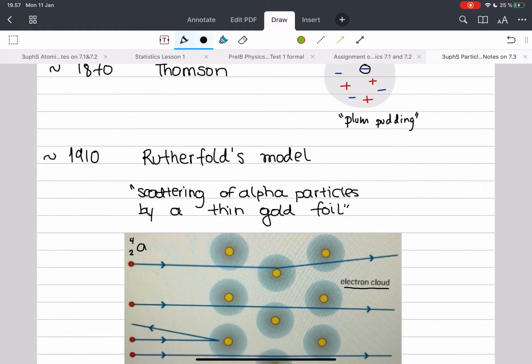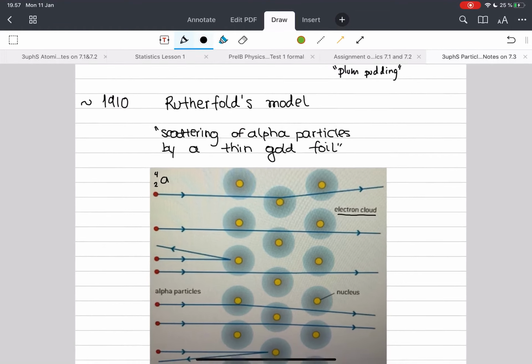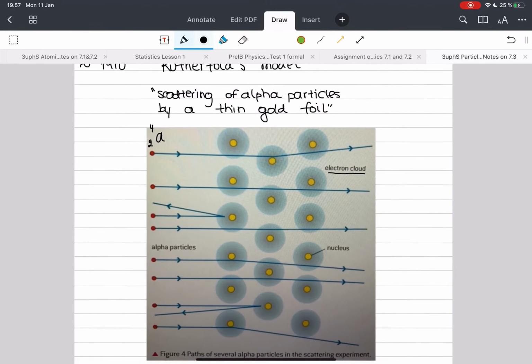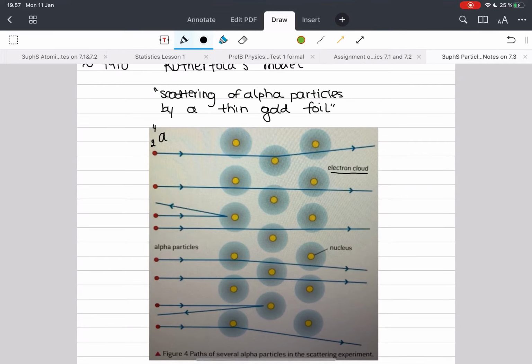Later on, in 1910, after doing some experiments, they were sending alpha particles, or helium nuclei, with high velocities towards thin gold foil, and they could see that some of those particles were slightly deflected on the gold atoms.